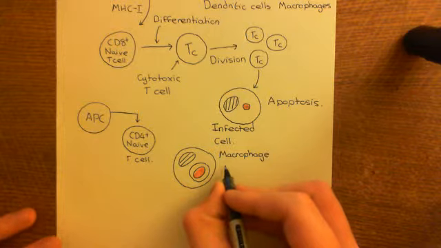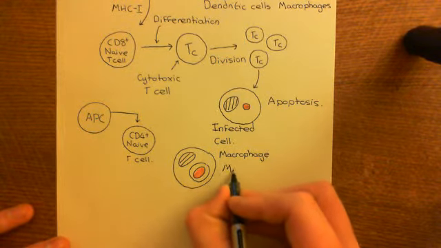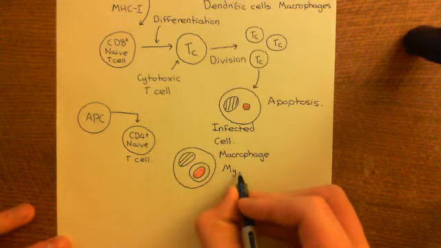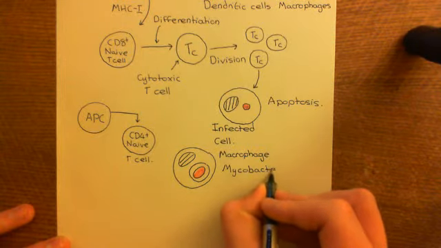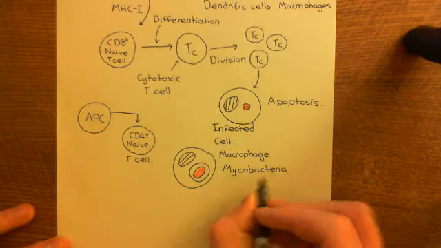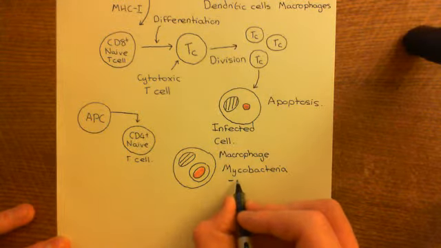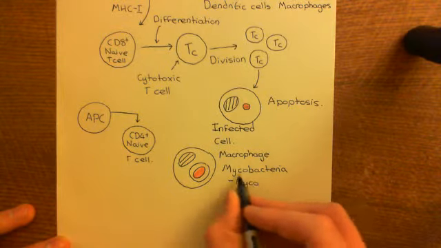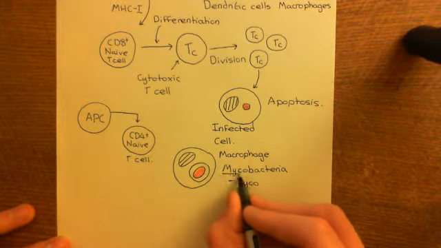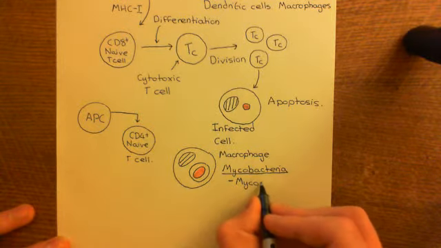Now, examples of microbes which are capable of doing this, which are bacteria, are mycobacteria species. The archetypal example of a mycobacteria species is Mycobacterium tuberculosis. Mycobacteria isn't just a single species of bacterium, it's a whole class of species of bacteria.